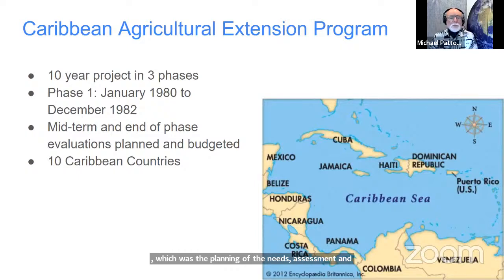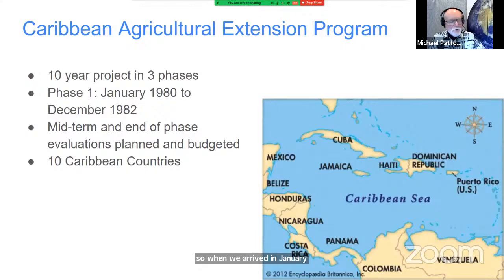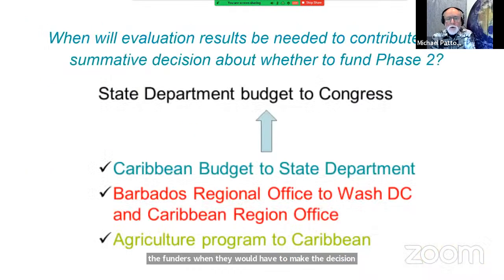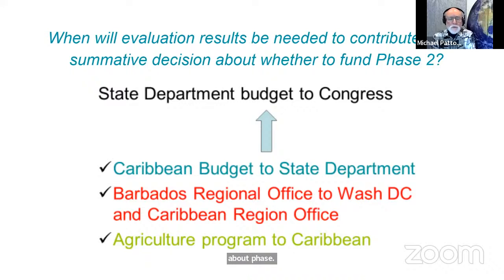So when we arrived in January of 1980, and I began asking the funders when they would have to make the decision about phase 2, which is a summative evaluation. Would the program be continued?